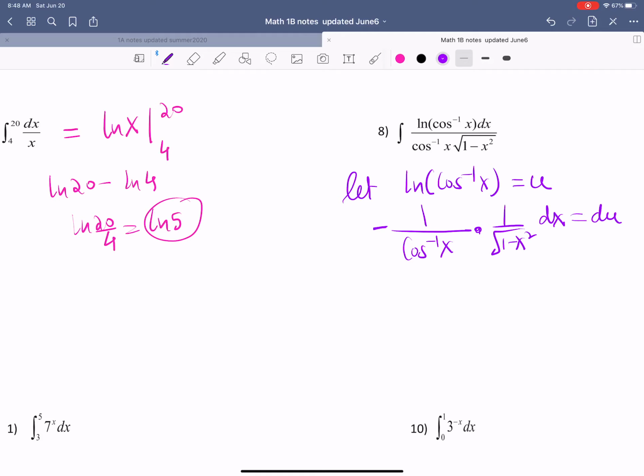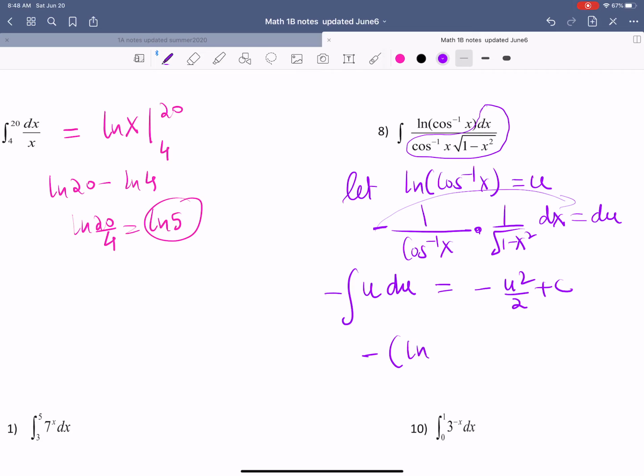So we can take the negative to the other side, and this whole thing would be negative du. So this turns out to be u du, but negative, which is negative u squared over 2 plus c, which is negative natural log of cos inverse x squared, over 2, plus c.